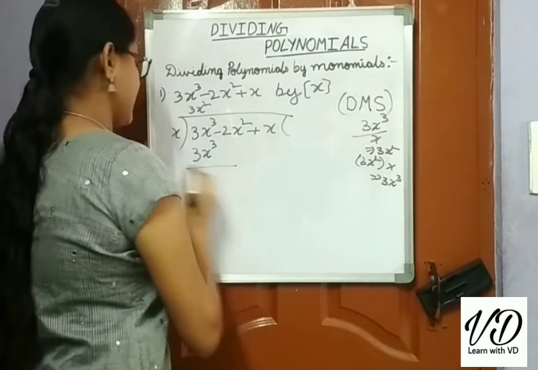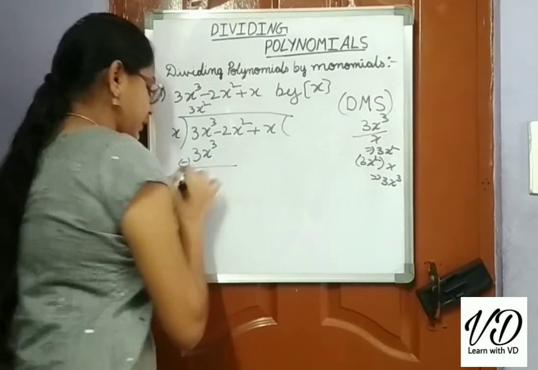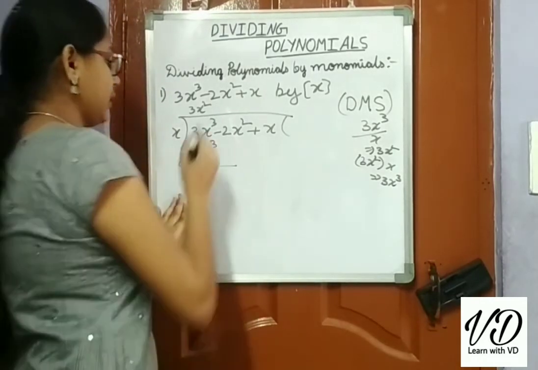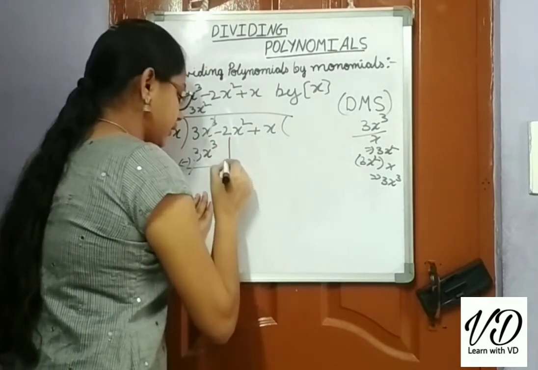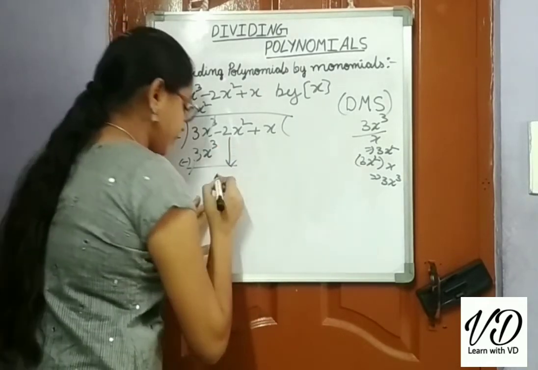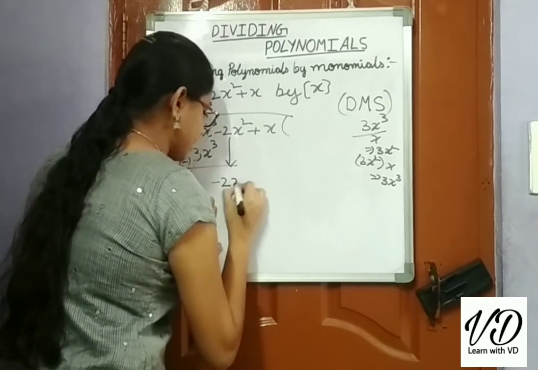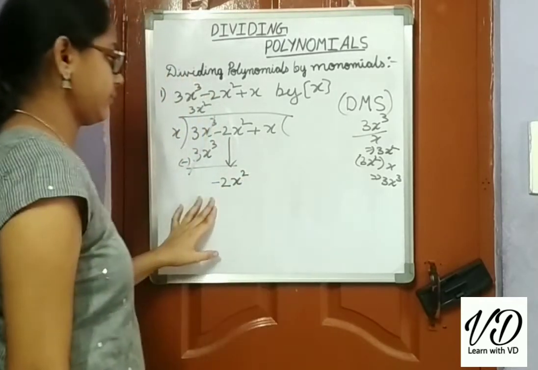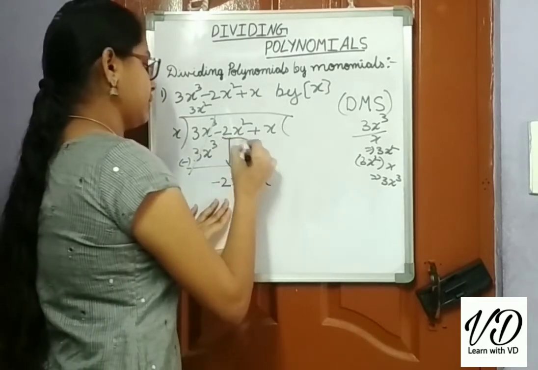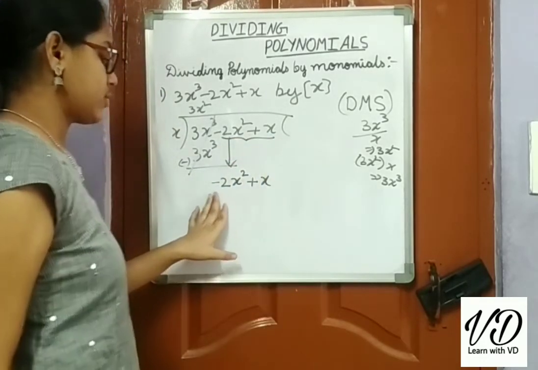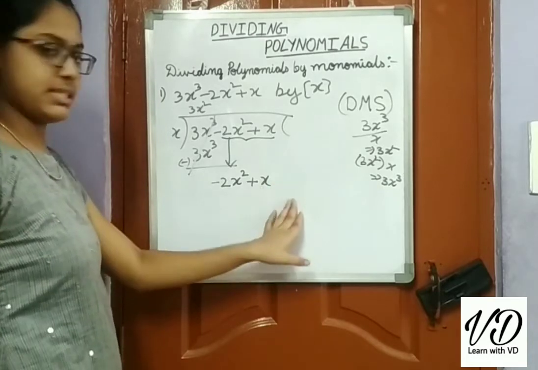Now, S stands for subtraction. So we take a minus symbol here. They both get cancelled, and we need to bring down the next term. We get minus 2x square plus x.